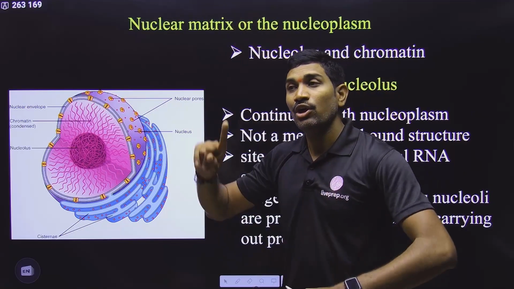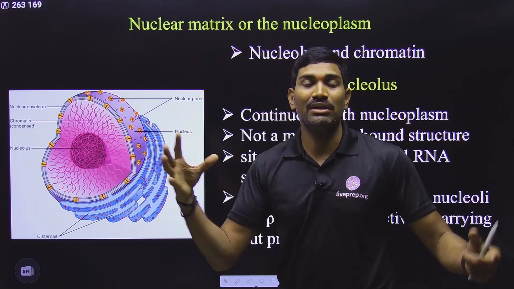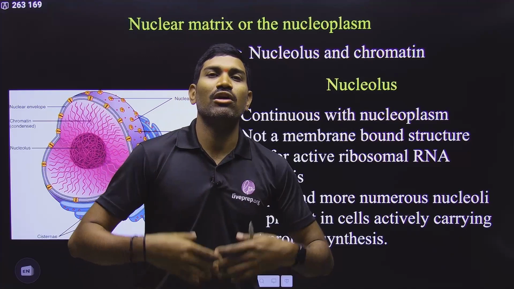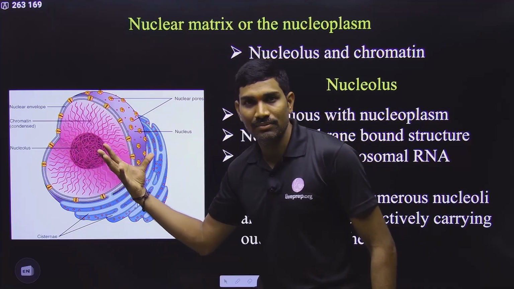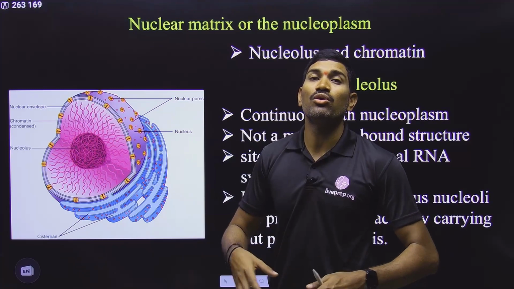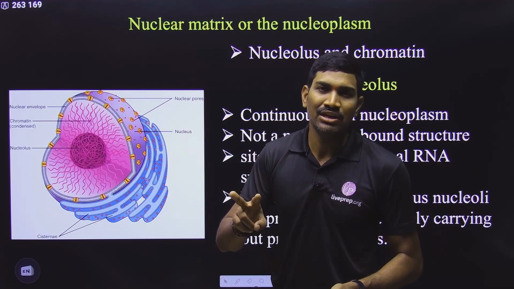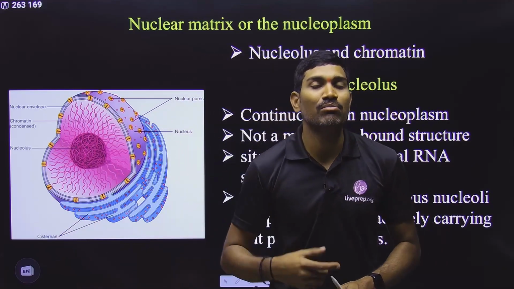That's why NCERT gives a relation between protein synthesis and nucleolus size and number. A cell that is actively involved in protein synthesis will have large and more numerous nucleoli. Now what is the relation between protein synthesis and large size and more number of nucleoli?